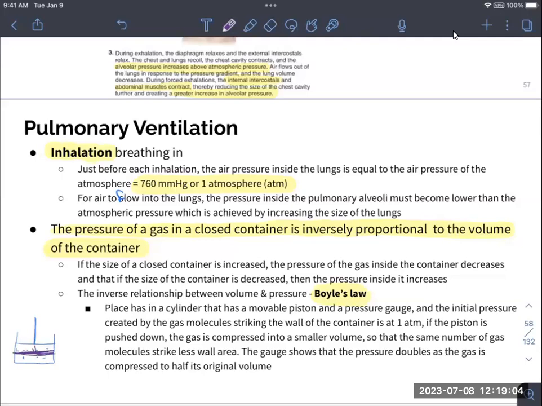So if the size of the closed container is increased, the pressure of the gas inside decreases. If I draw this same container over here and push this up higher, the size of that closed container just increased, so the pressure inside of it decreases. If the size of the container is decreased, the pressure inside increases.